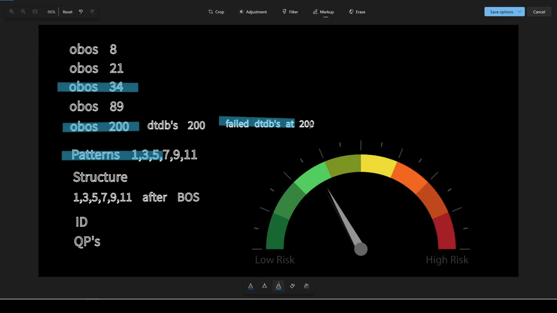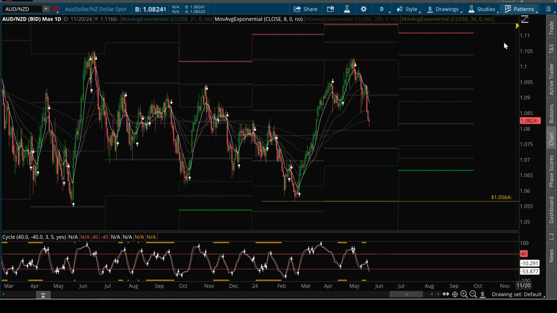You're looking for a failed double bottom at the 200. You get a failed double bottom at the 200. This becomes a nice sell to come retest these lows pattern wise. Now it's not trend. It's nice when both line up, but pattern wise we could come after these lows. So if this starts to fail, that is bearish. You will have a bearish EMA setup at that point, but that is that.